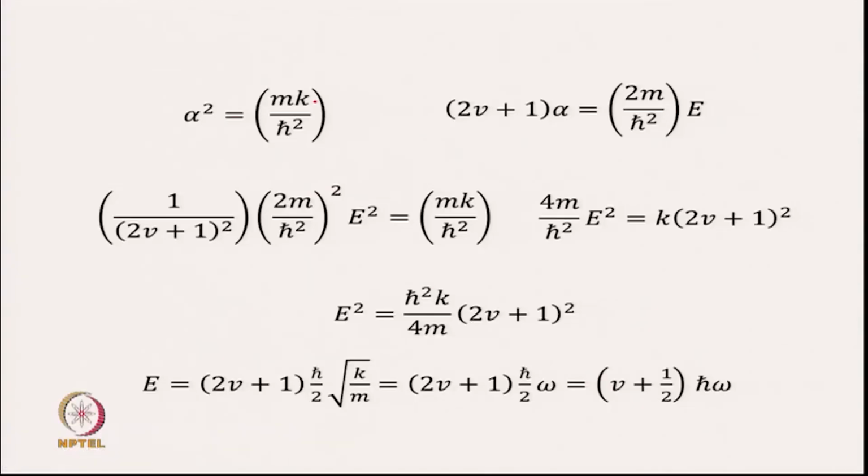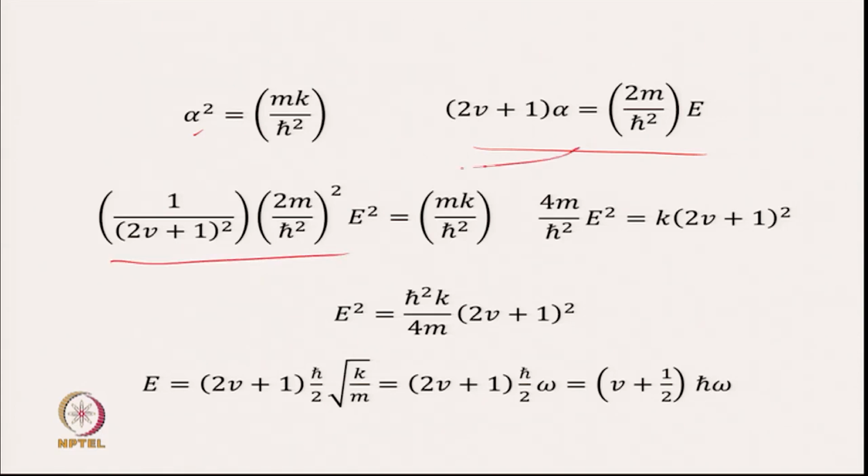So alpha square is mk by h bar square, and this is the second assumption which we took, 2v plus 1 alpha is 2m by h bar square into e. Now just put this in. So alpha square will be 2m by h bar square e square divided by 2v plus 1 square.